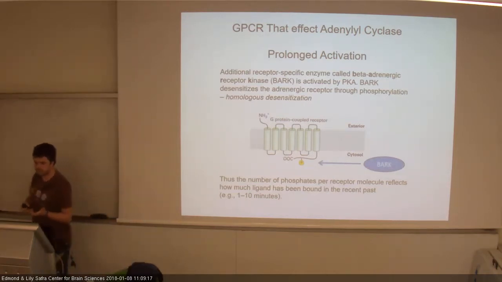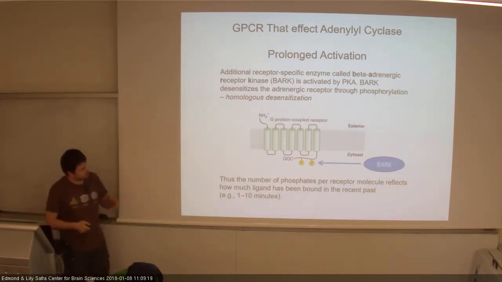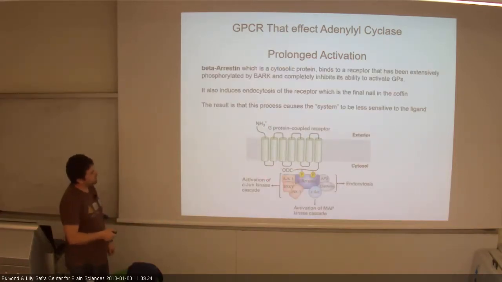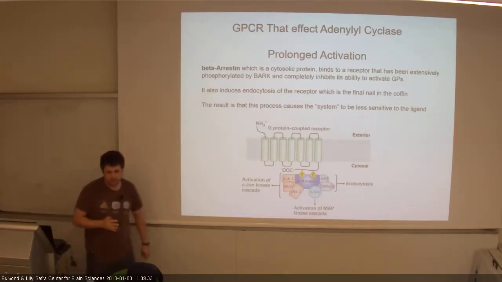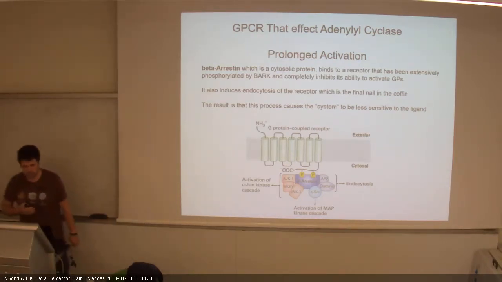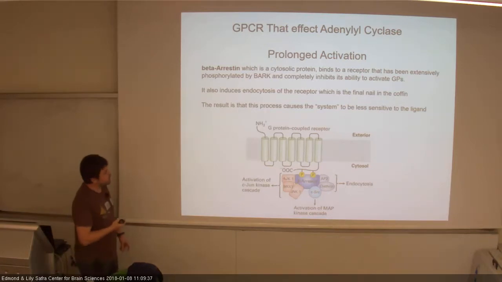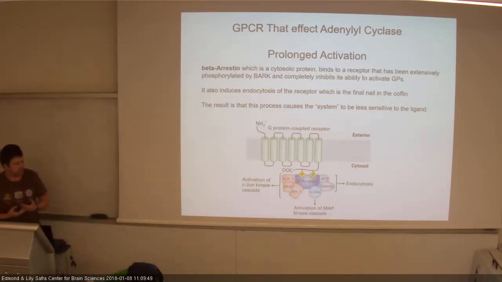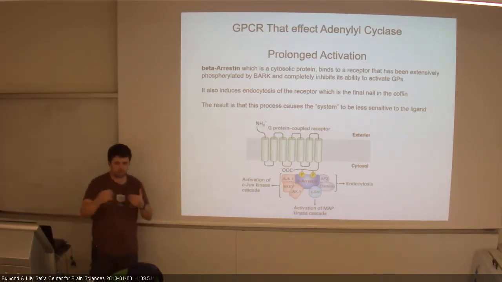But if the prolonged activation continues, you will get more phosphorylation, eventually leading to the binding of a protein called beta-arrestin. This beta-arrestin will completely block the ability of this receptor to activate the G protein and completely desensitize this specific receptor, even in some cases leading to endocytosis of this entire complex, removing it from the plasma membrane of the cell, causing a more long-term desensitization.